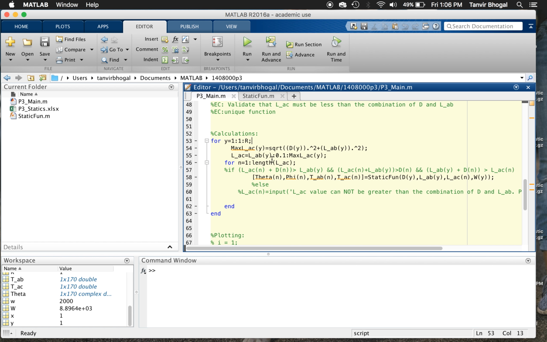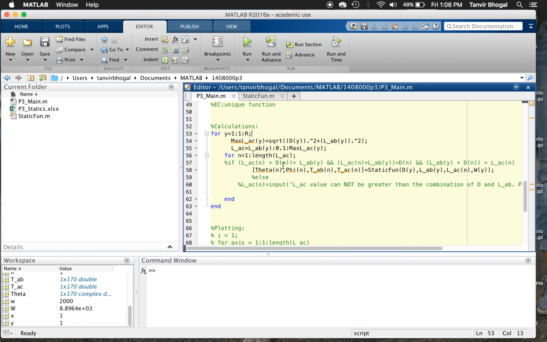We went ahead and went into our calculations and had 2 for loops as our base. The first one is going from 1 to the amount of rows, and we initialized our max LAC here. The reason why we can do this before we initialized LAC, the array, is because the max LAC is dependent on D and LAB.